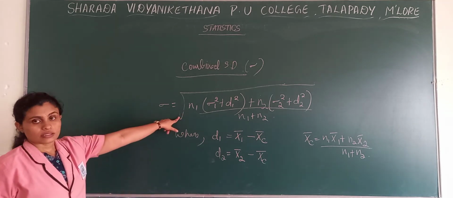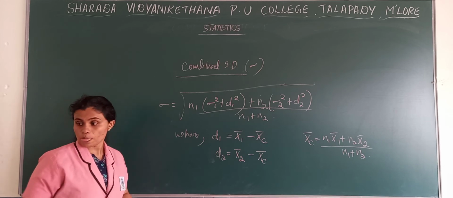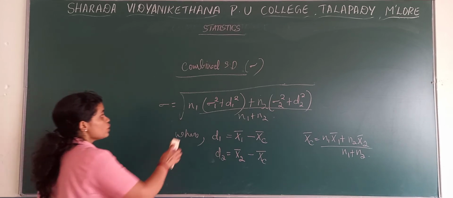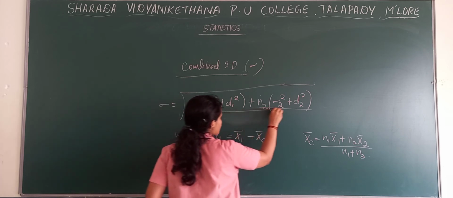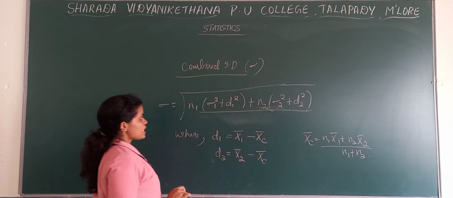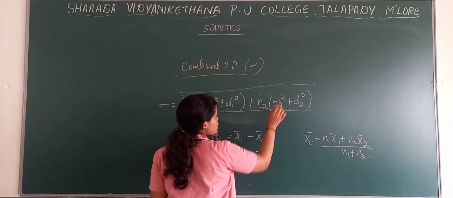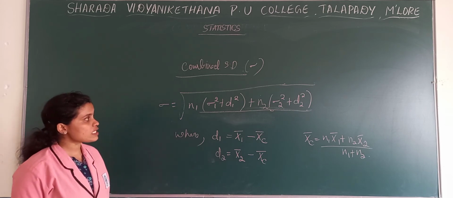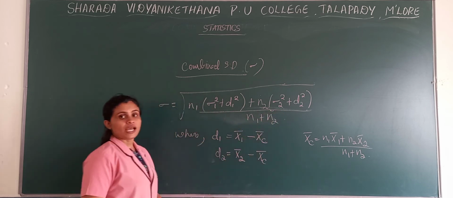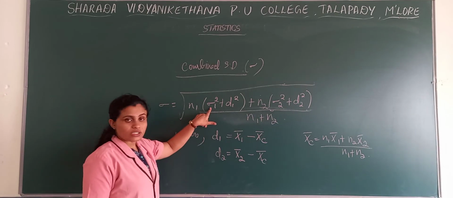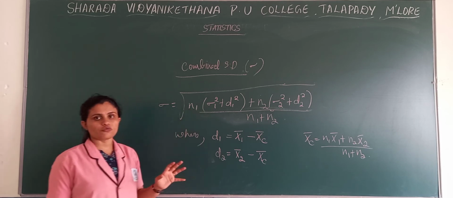So here combined standard deviation formula goes like n1 into standard deviation 1 square plus deviation 1 square, plus n2 into standard deviation 2 square plus d2 square, divided by n1 plus n2. And here, how to find out? We know that this is the standard deviation and this is the number of observation in the first group.